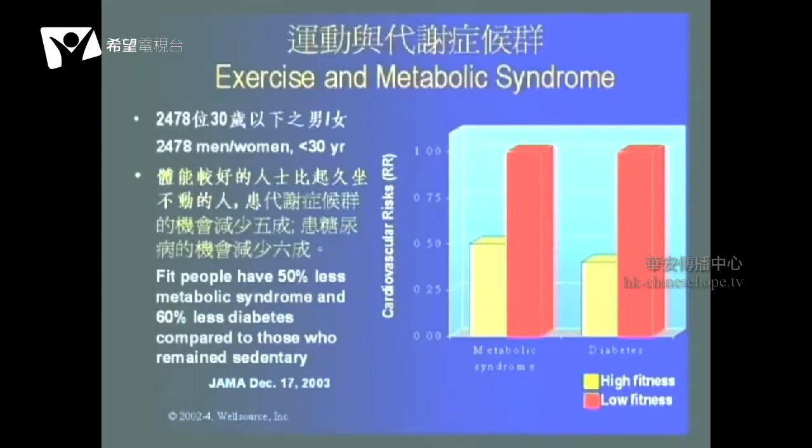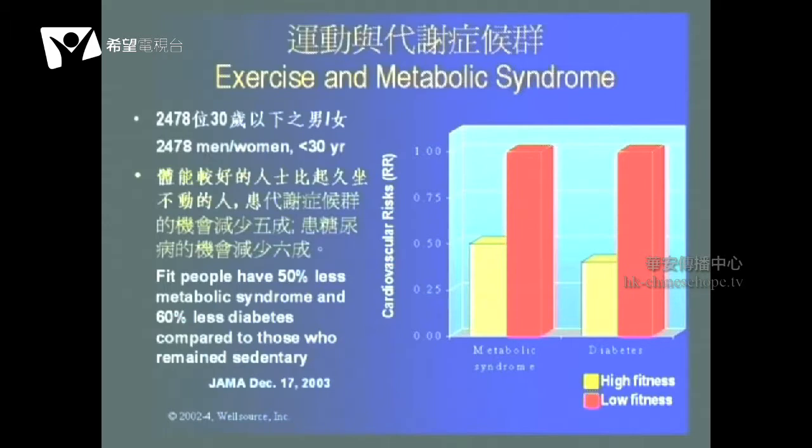You see in this graphic the result of this study. People that exercise are represented in the yellow column. On the left side you see that they have 50% less metabolic syndrome.